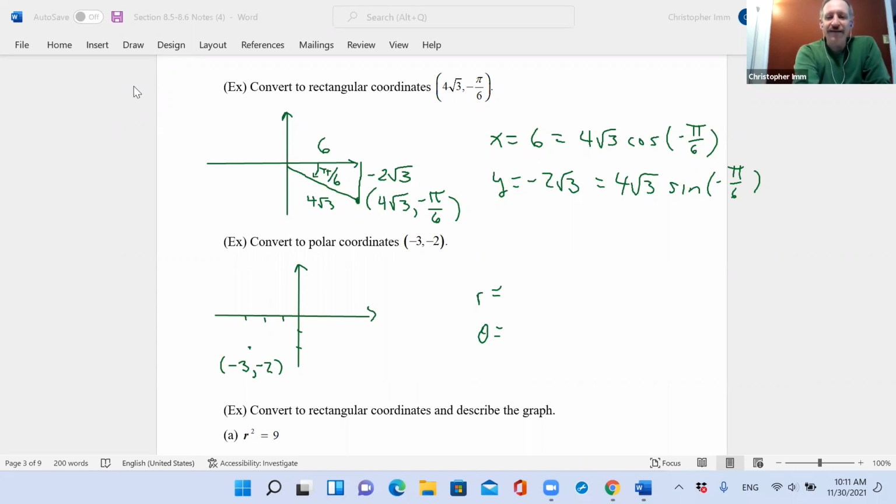Okay, so this would be equivalent to the rectangular coordinates of 6, -2 root 3.